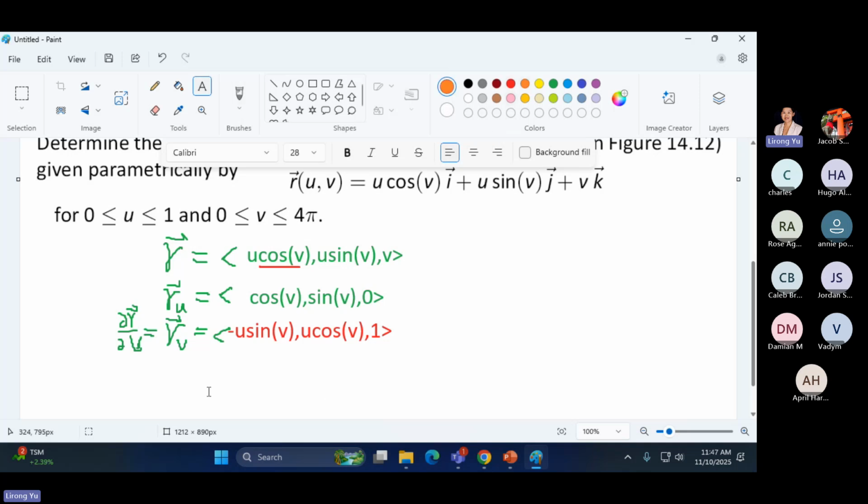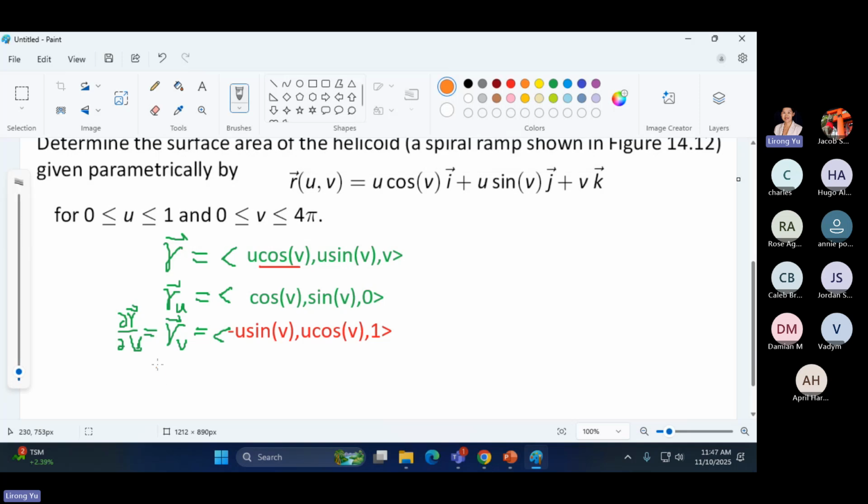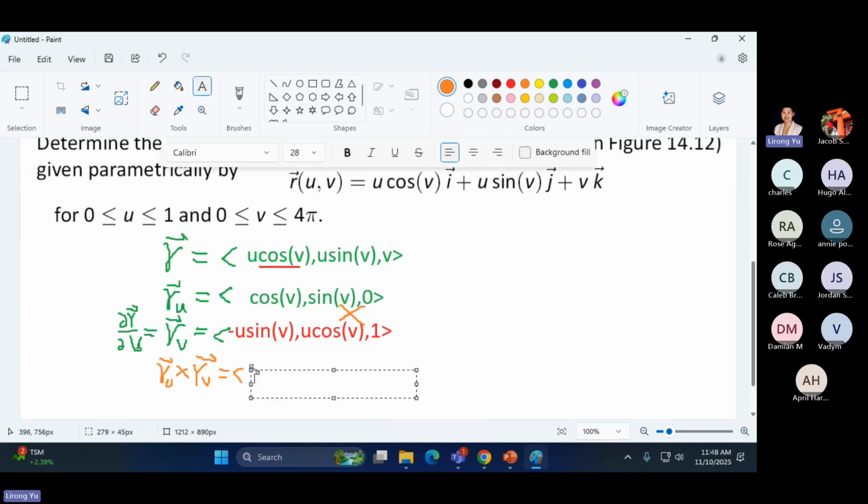So next, let's find the cross product. We would do R_u cross R_v, equal to. The first component is this 2, and you can see it's sine v times 1, and then u cosine v times 0.